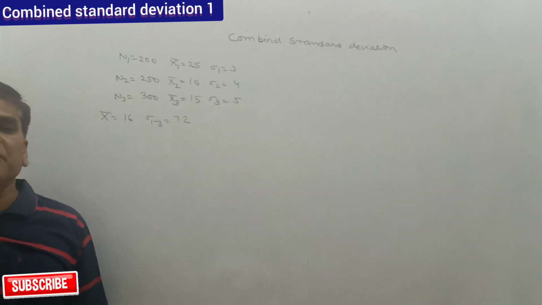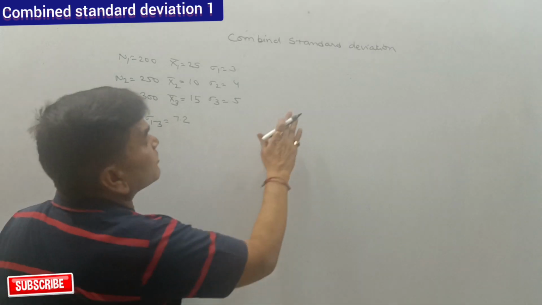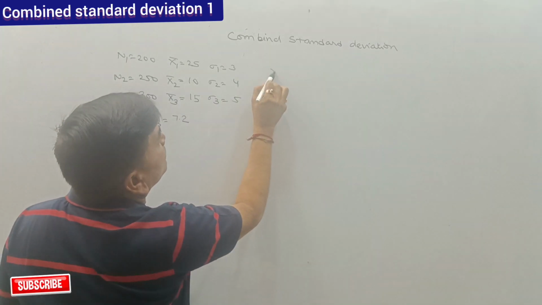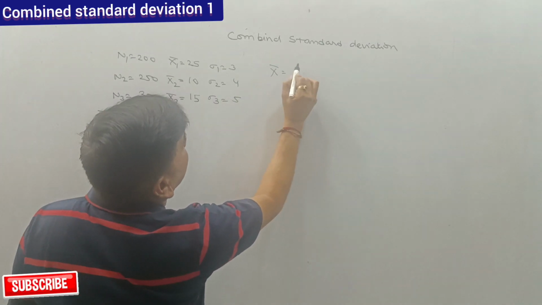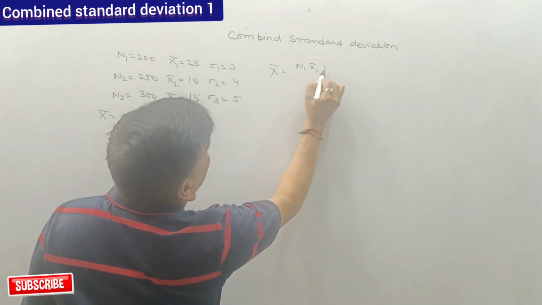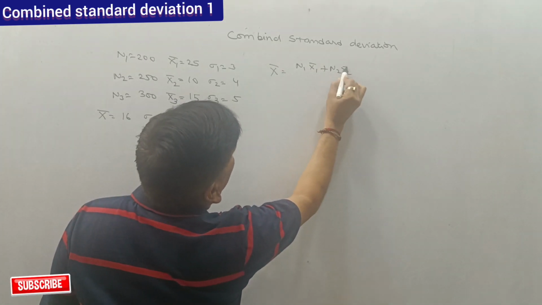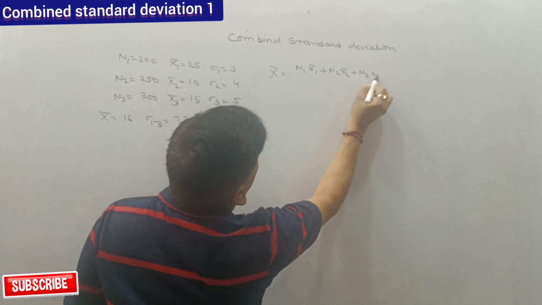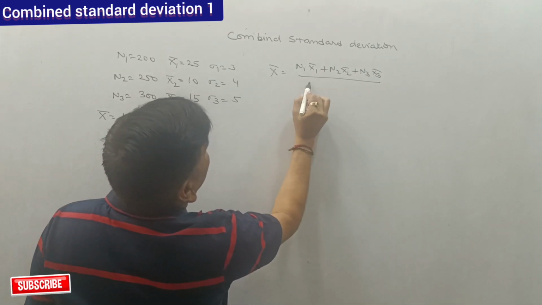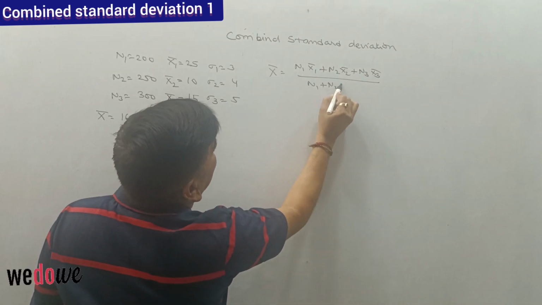So the very first thing we have to calculate is the combined arithmetic mean x bar 1,2,3, that is n1 x bar 1 plus n2 x bar 2 plus n3 x bar 3 divided by n1 plus n2 plus n3.